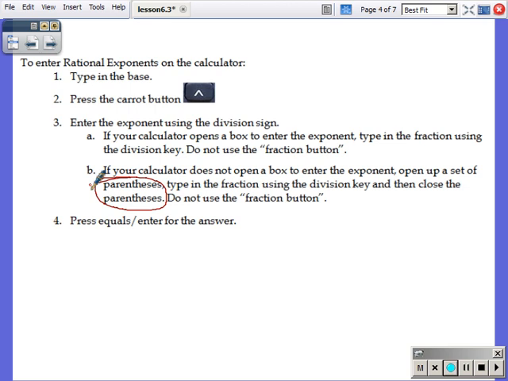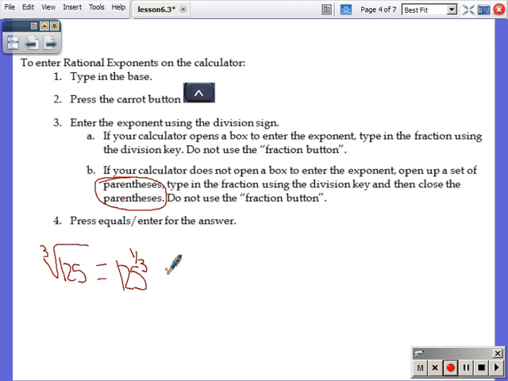So, if I take a look back, my cube root of 125, that's how we practiced the last one. Well, you might say, how am I going to use that with the exponent? Well, make that a rational exponent. That is 125 to the 1/3. It should equal 5. Let's see how we would enter that.